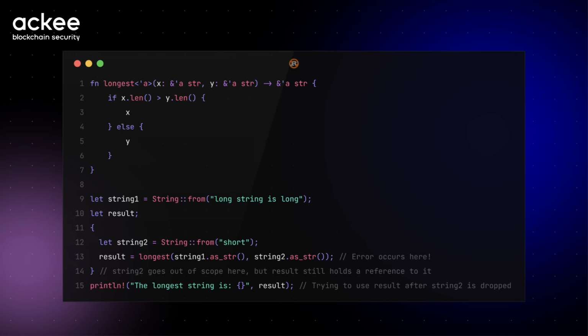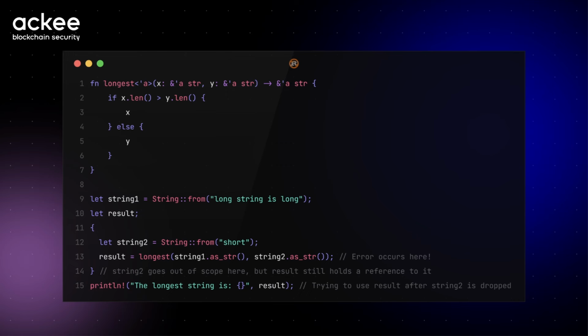What is important is that we also return a reference with this lifetime, and the type is str. The function checks whether x is longer than y, and we return x, a slice or str, and if y is longer, then we return y.